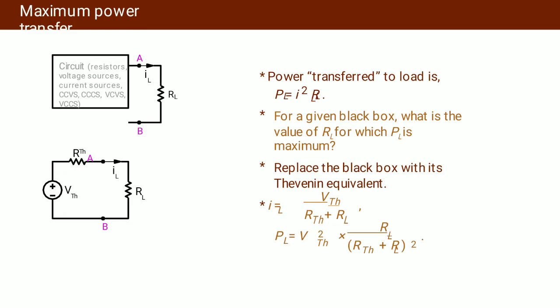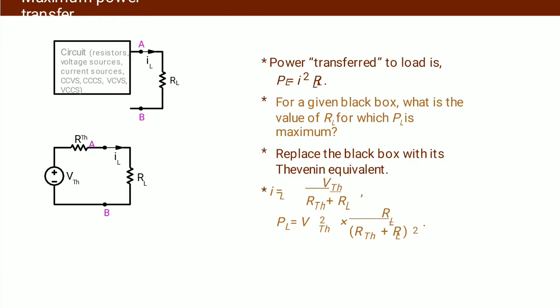In general, the power transferred to the load formula is PL is equal to IL square into RL. So here IL is equal to VTH by RTH plus RL.